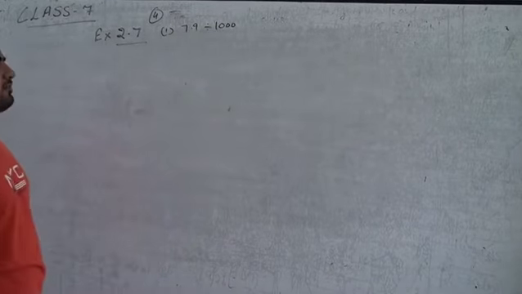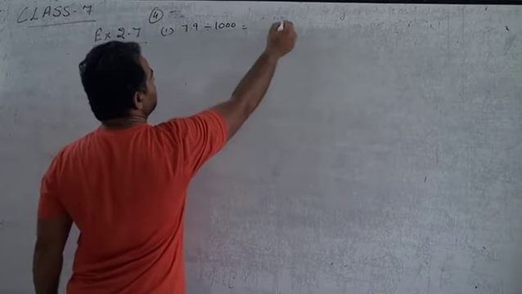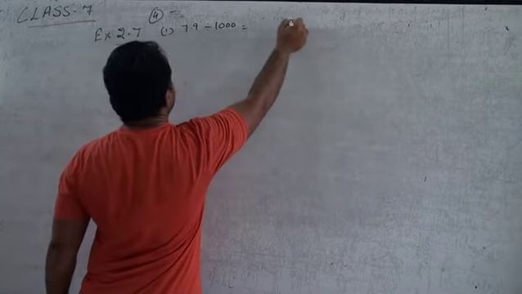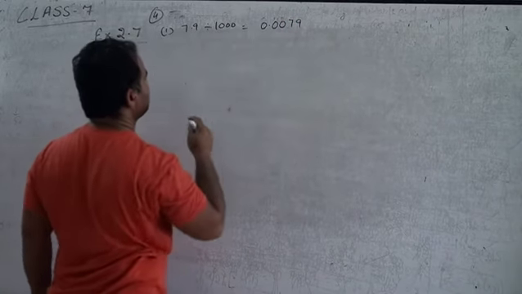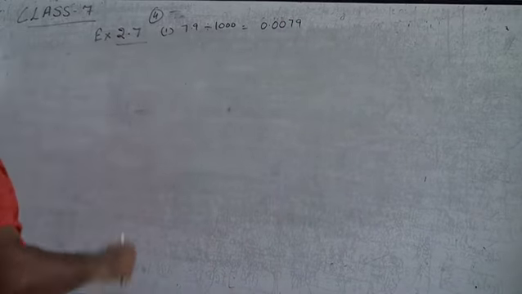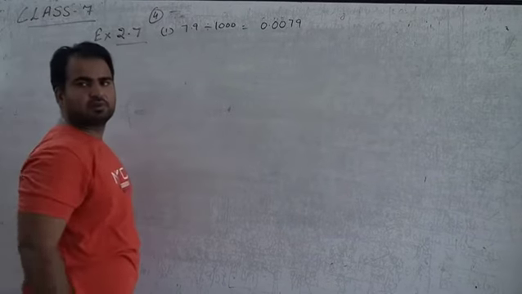Okay, so we have to move 3 places forward. The answer will be 0.0079. How many places do we have to move forward? We have to move 3 places forward.